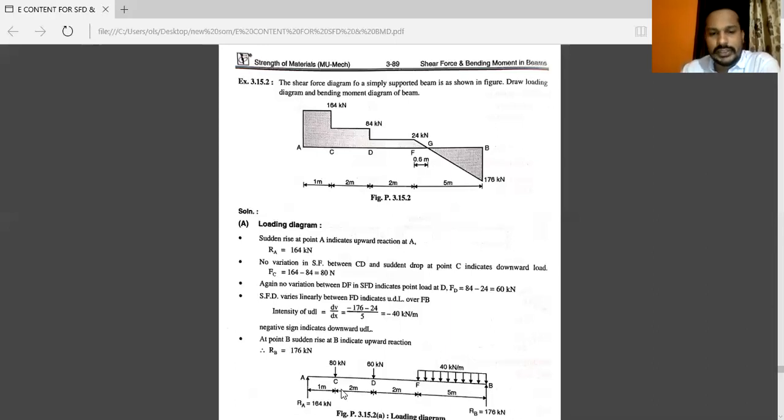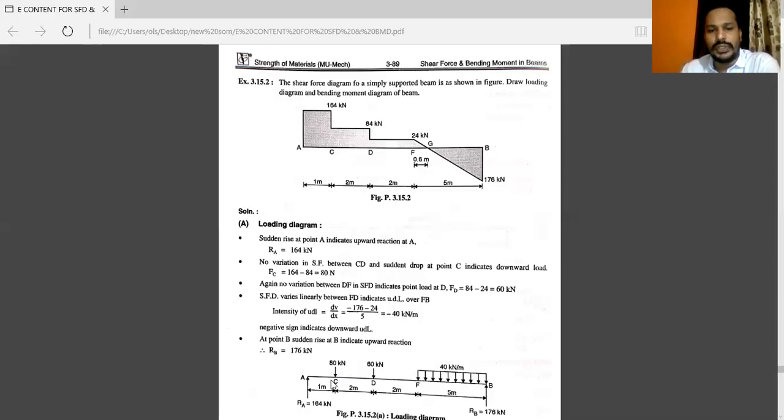In the previous case, we saw first the loading diagram, then SFD, and then BMD. In this problem, the SFD is given, and you have to convert that diagram into a loading diagram. It is very simple: by using the basics of shear force diagram, bending moment diagram and loading diagram, you can convert SFD into loading, and loading into SFD.